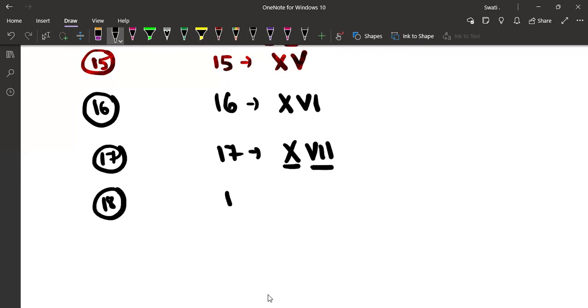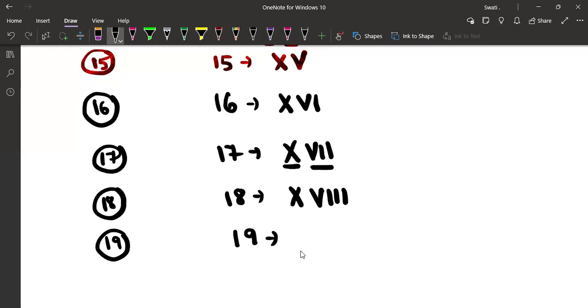Next is 18. So of course 18, it's X and then 8. You can see that nothing is repeated more than 3 times. 18. Now next is 19. Now what should I do here? Can I write 20 minus 1? Of course, we can, but we don't know any fixed symbol for 20. We know for 1, we know for 5, then we know for 10, and then we know for 50 directly, right?